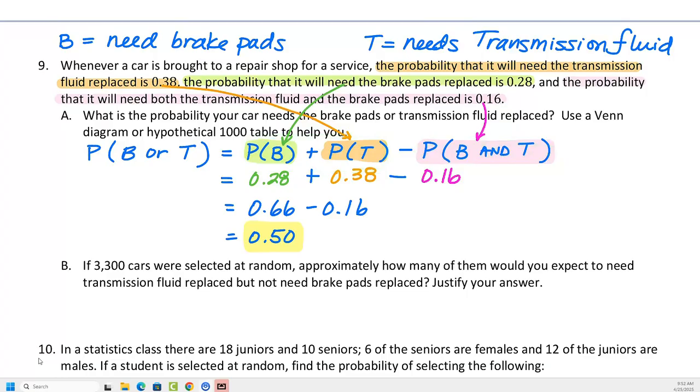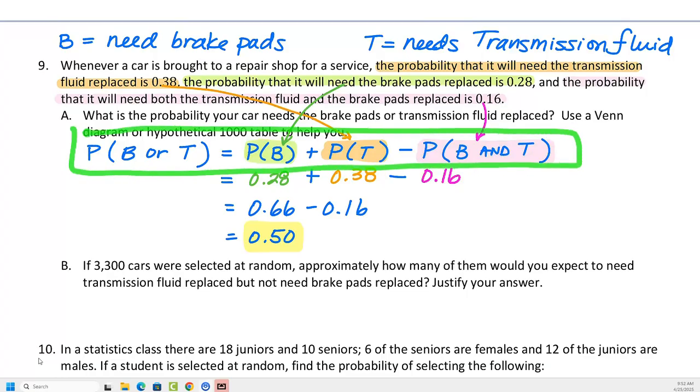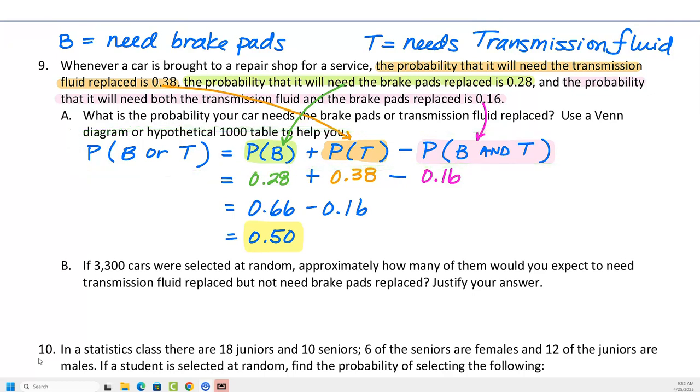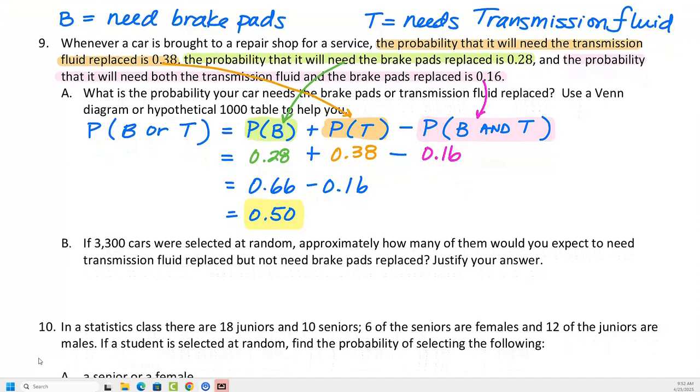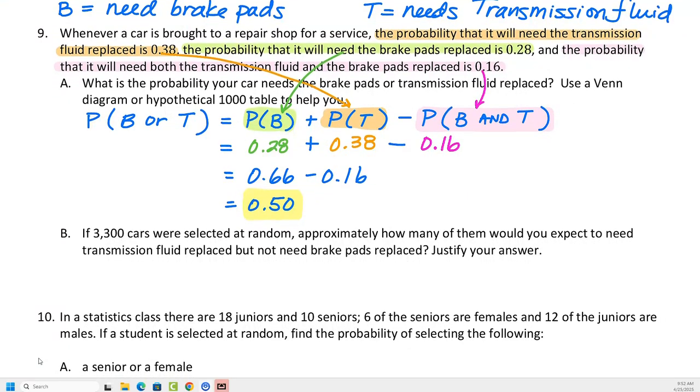But notice this, if you just memorize this one formula, the one that they give you, if it is disjoint, guess what this is going to be? 0, right? And so if you just memorize this one formula, then you should be able to do whether it's disjoint or not. Okay? Are we clear?